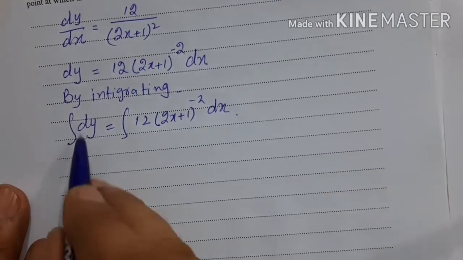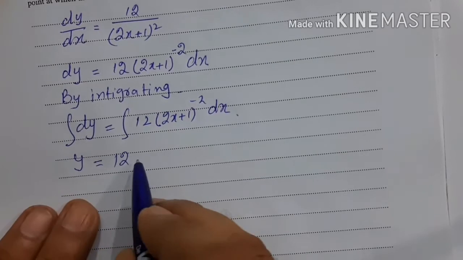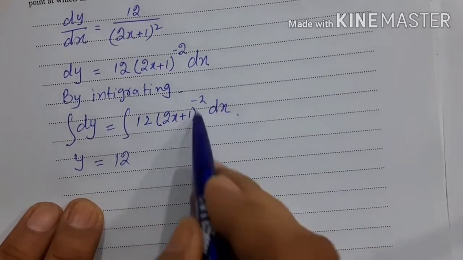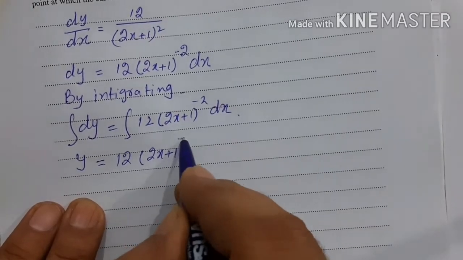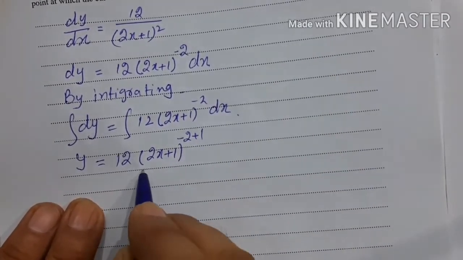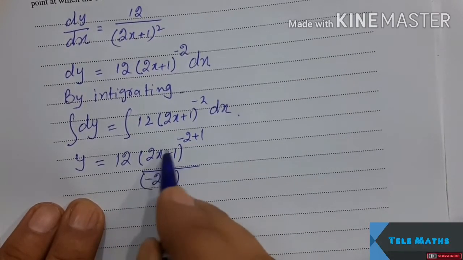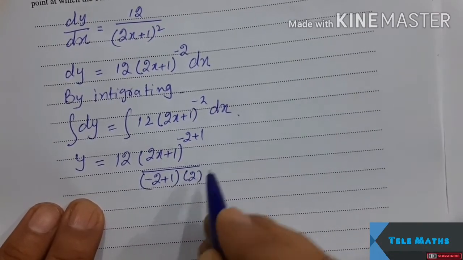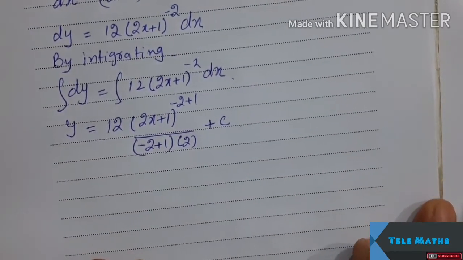So this will become y, and the 12 is constant, it will move outwards. The integration of this is (2x plus 1) raised to minus 2 plus 1 over minus 2 plus 1, into the derivative of this function, which is 2, plus c, which is the constant of integration.